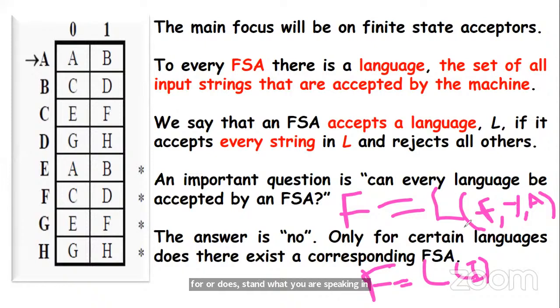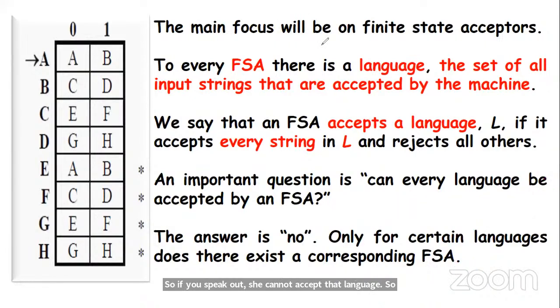The set of languages that can be understood by Faisal is French, Yoruba, and Arabic. So if you speak Igbo, she cannot understand, so she's not able to accept that language. If you speak Hausa too, she cannot accept that language. That is what the whole explanation of acceptance or no acceptance is about.